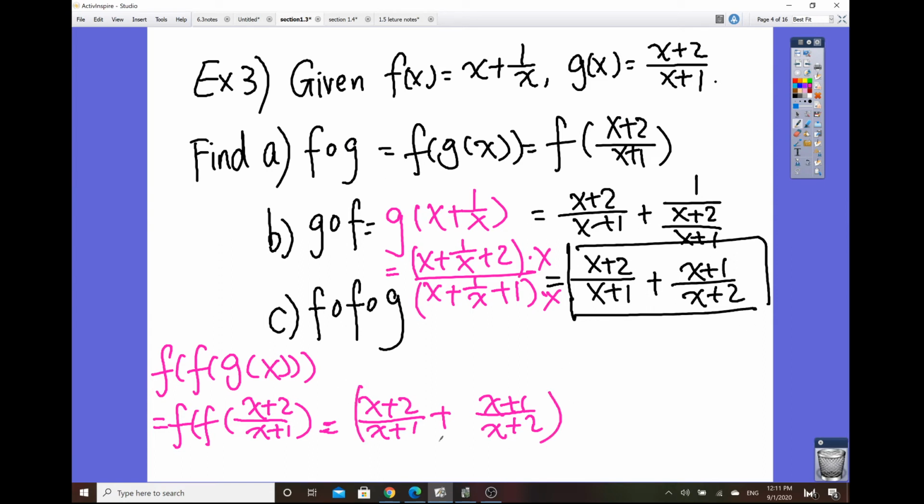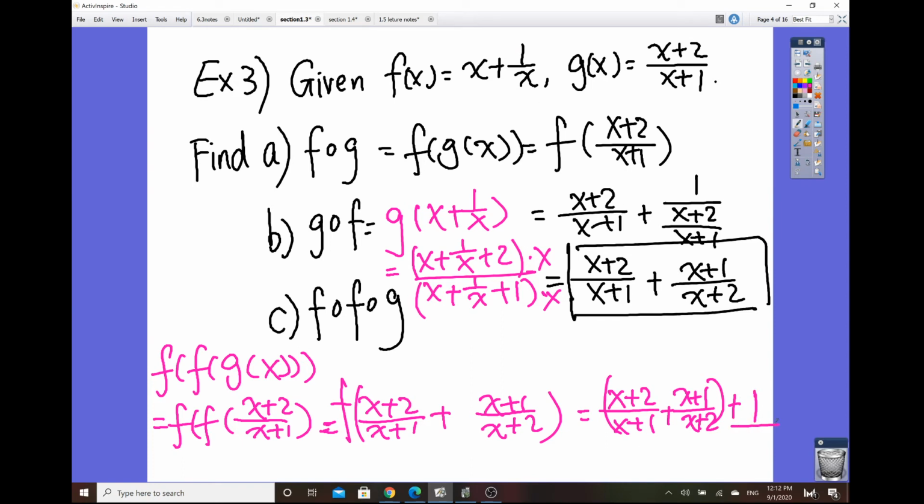And now we need to put this one into f of x. So for f of x again, it's going to be this whole thing, x plus 2 over x plus 1, plus x plus 1 over x plus 2. Well, this one is just a replacement of the original x. And then plus 1 over this whole quantity.